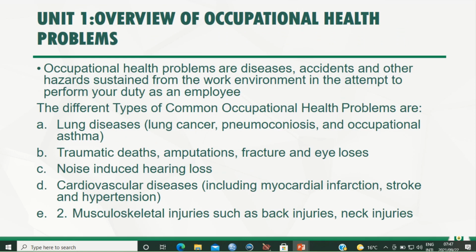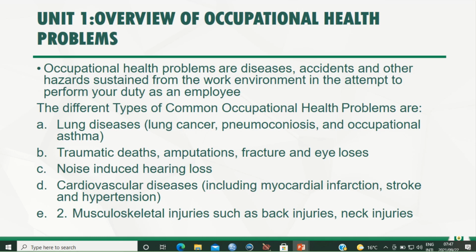Overview of occupational health problems, Unit 1. Occupational health problems are diseases, accidents, and other hazards sustained from the work environment in an attempt to perform your duty as an employee.